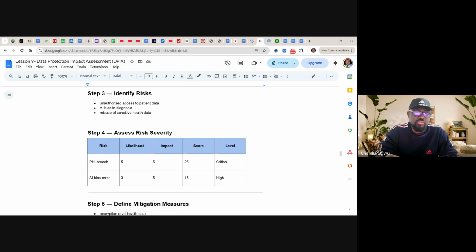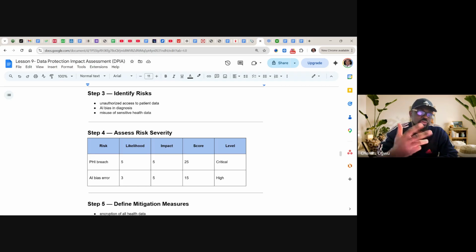Although even those who have access can equally misuse it, but these are the likelihood of risks involved in this data. So the risk here is PHI breach, and the likelihood here is 5, and we'll try to understand the severity of this data.